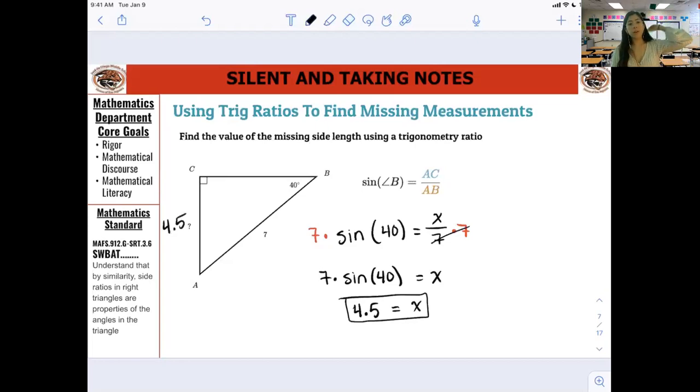Okay. Go ahead and find the other missing length. Find the length of y. Pick a function. There's more than one way to do it. So pick one way, see if you can figure it out. Okay, Perla got 5.4.